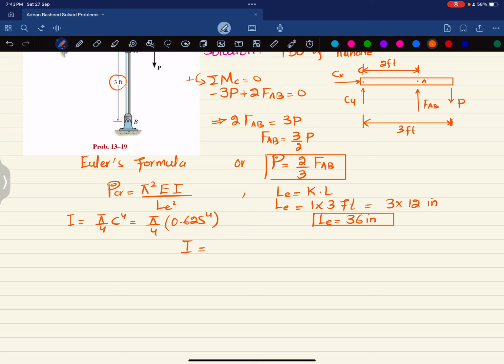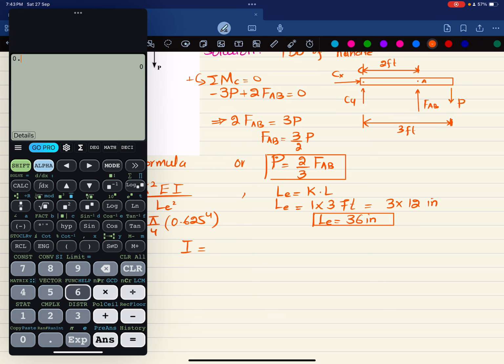So I is 0.625 to the power 4, divided by 4, multiplied by pi, which is 3.1417. So you can see this is 0.140 inch to the power 4.